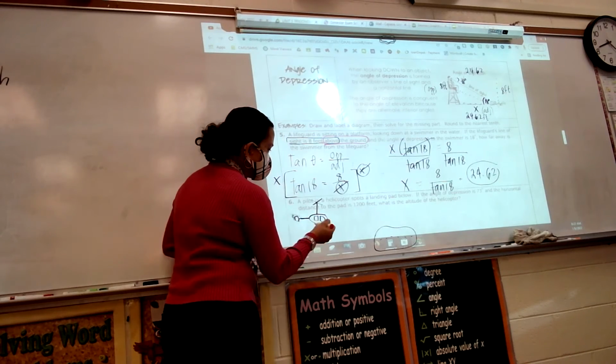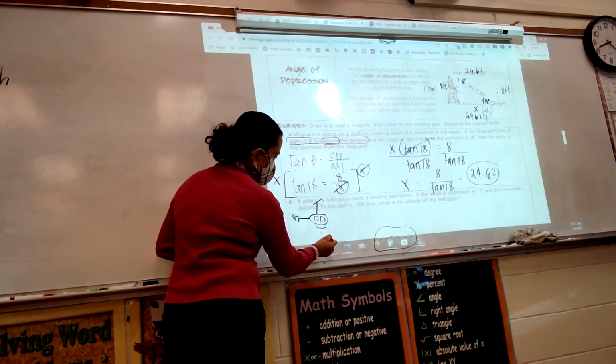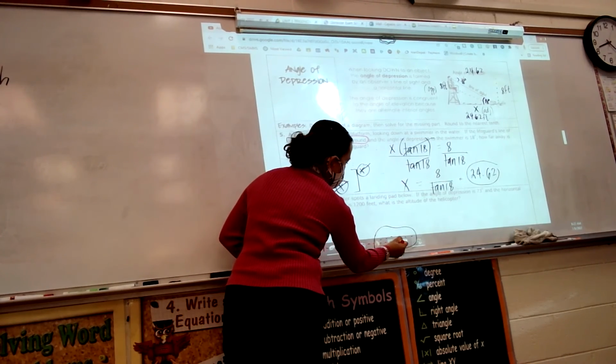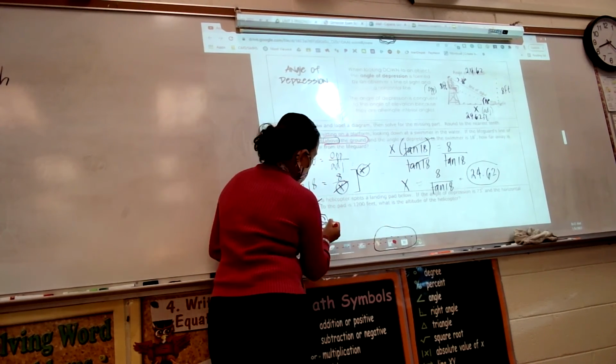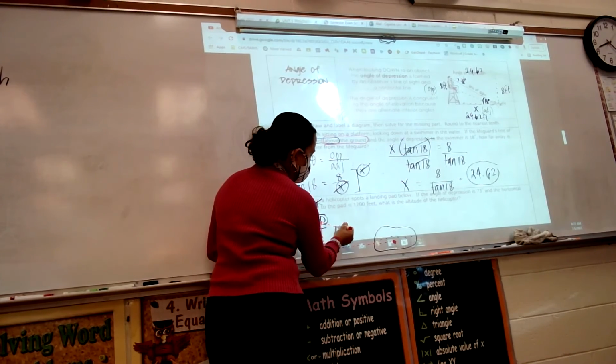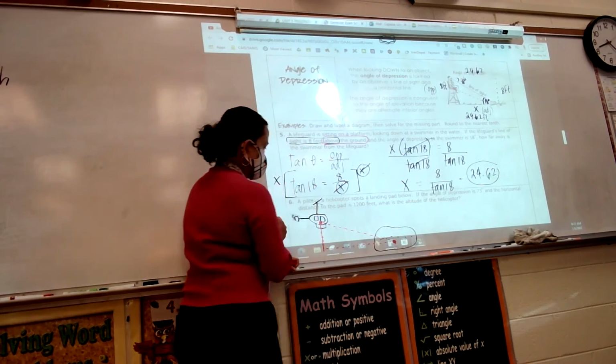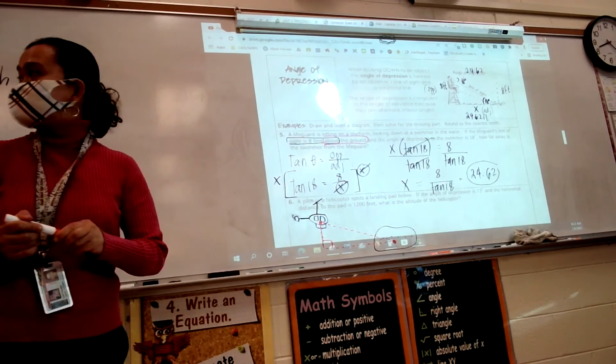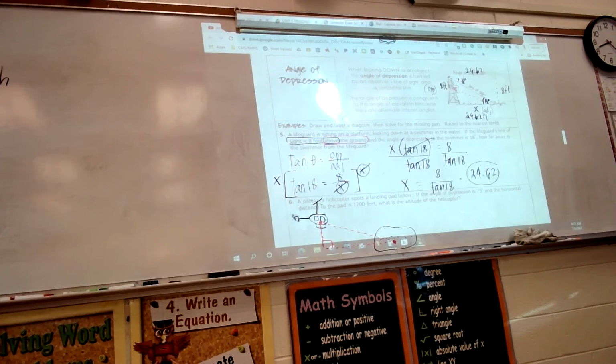So this height, going to the pad, that is the point, and going to this, that's 90. You see that? The important part is we are visualizing it.